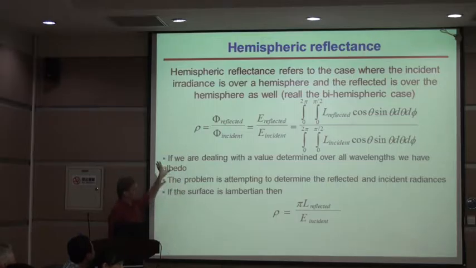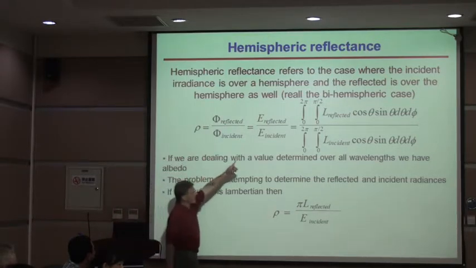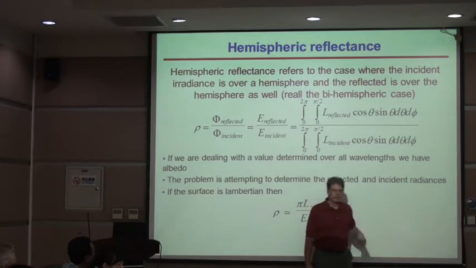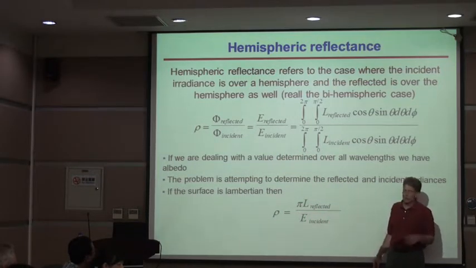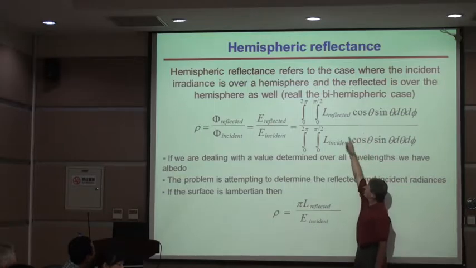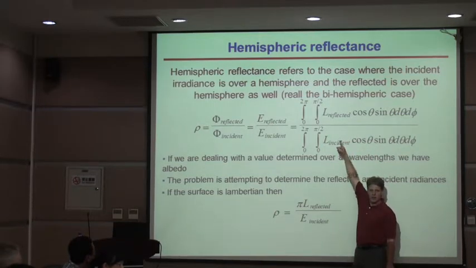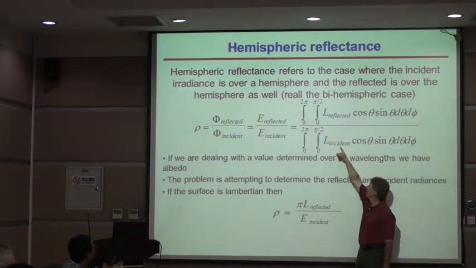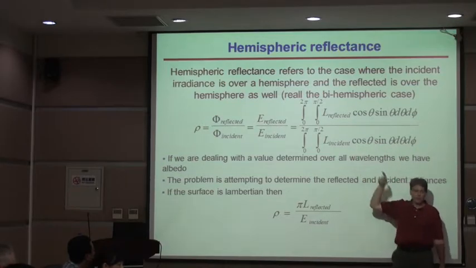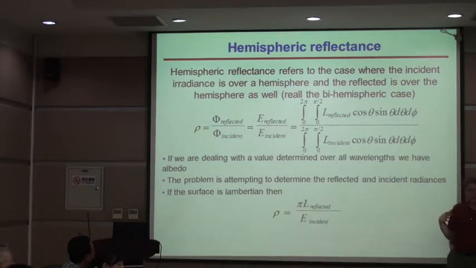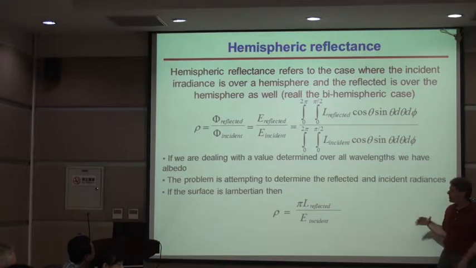So, hemispheric reflectance. I'm just going to put this up here, it's in the charts, and it points out that in order to do a true calculation, especially in hemispheric spaces, we have to know what the radiance is in all directions coming off of the surface, and what the radiance is coming in from all directions onto the surface, and then integrate all of that. If there are approximations we can make, we can simplify that integration.